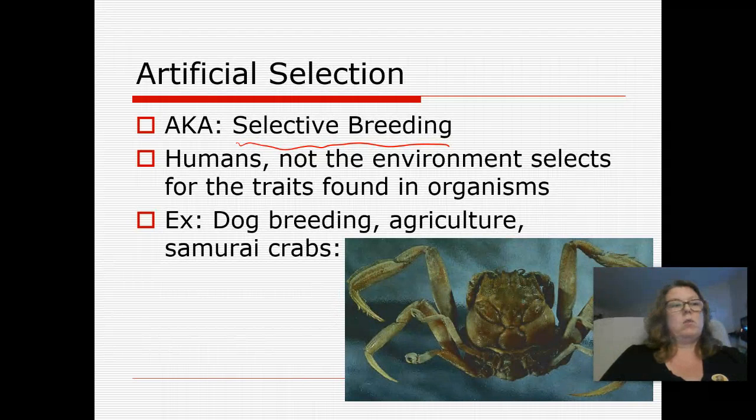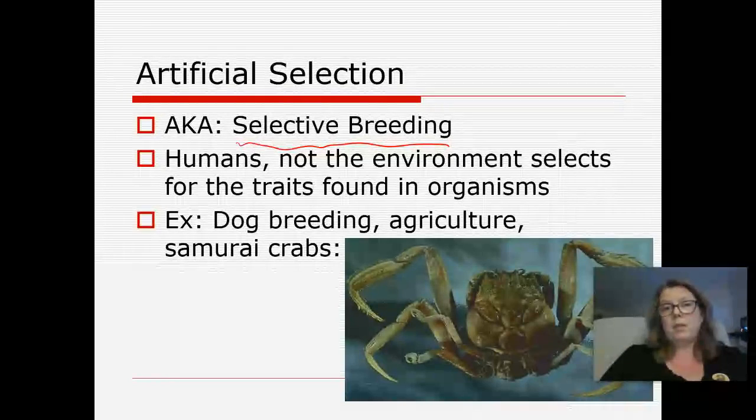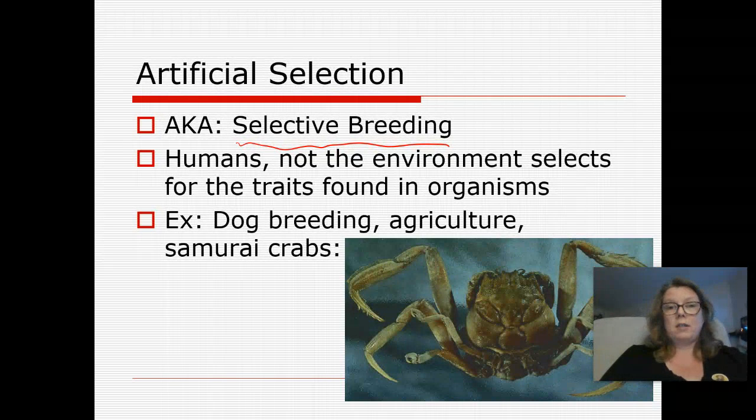So examples of this would be like dog breeding, right? Believe it or not, Chihuahuas, I always like to tell students, they have a purpose. They were bred in Mexico to chase rats. So they're small. Rats tend to live in dingy, spiderwebby, dusty places. So, a little doggy running through one of those places might be really nasty when it got out.